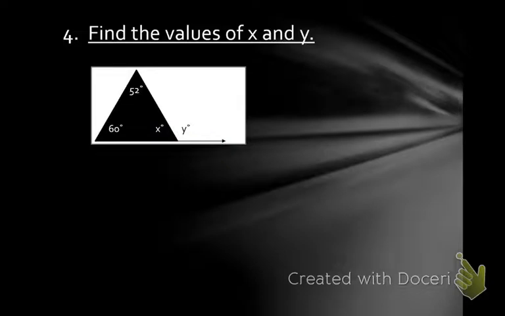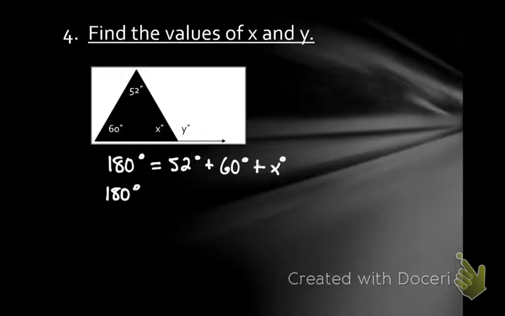So we know the total is going to be 180. It's going to equal 52 degrees plus 60 degrees plus x degrees. What's 52 plus 60? 112 degrees.